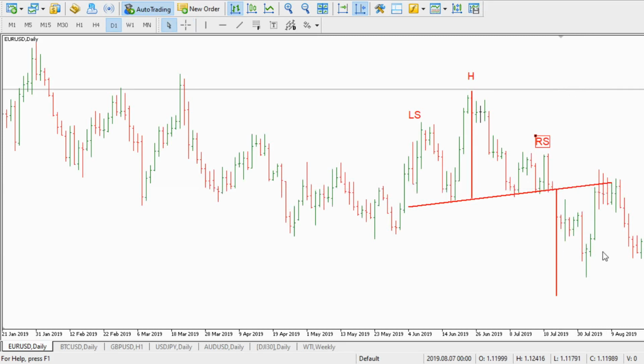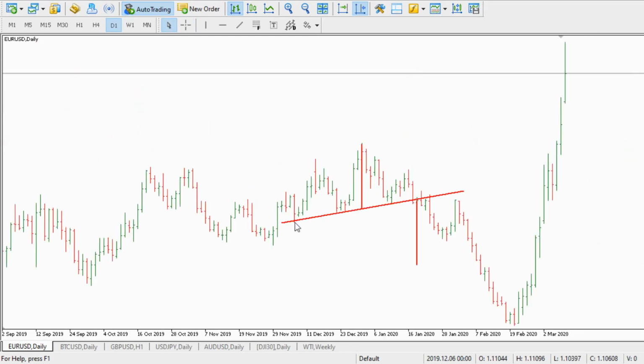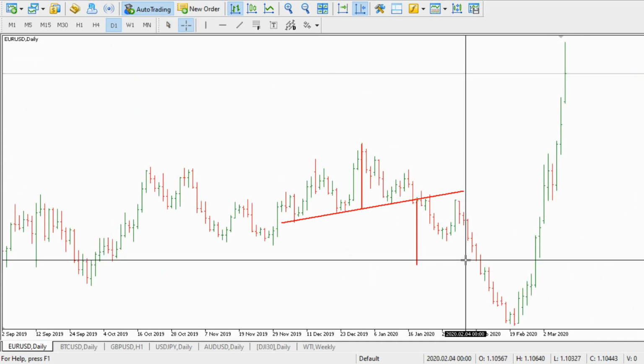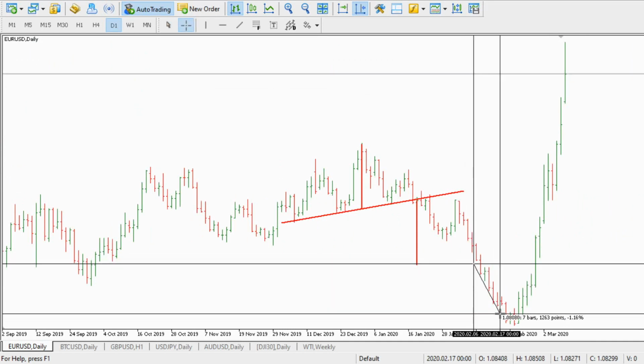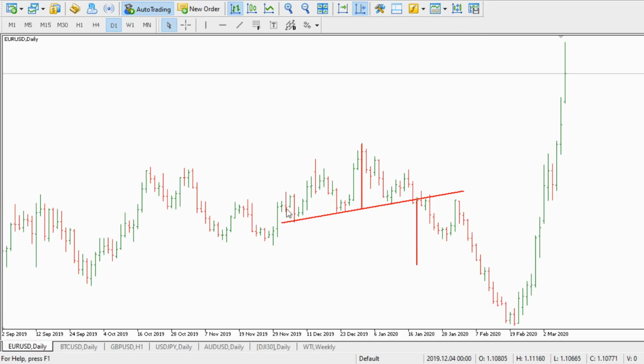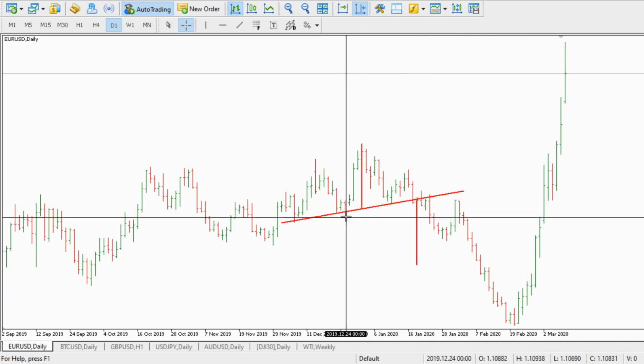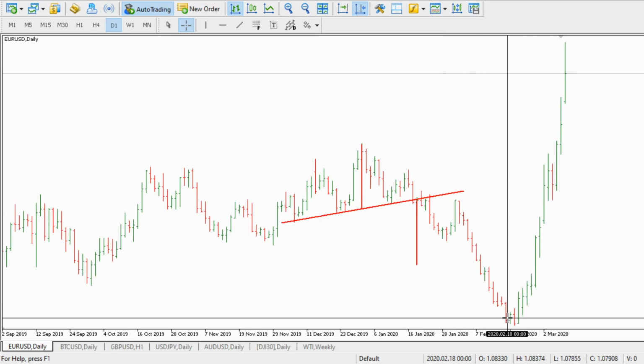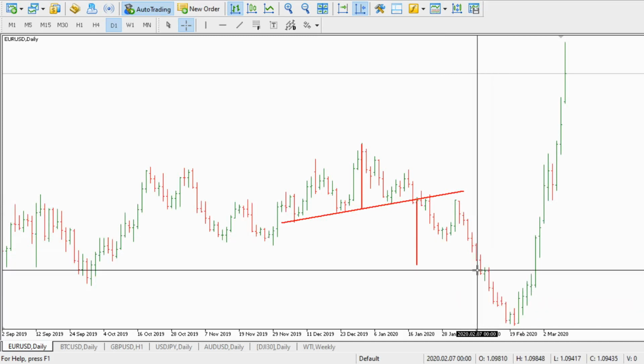The next, here we can see again that the target zone has even been passed, but we've got again left shoulder, head and the right shoulder. After breaking the neckline, we've got a huge down movement.